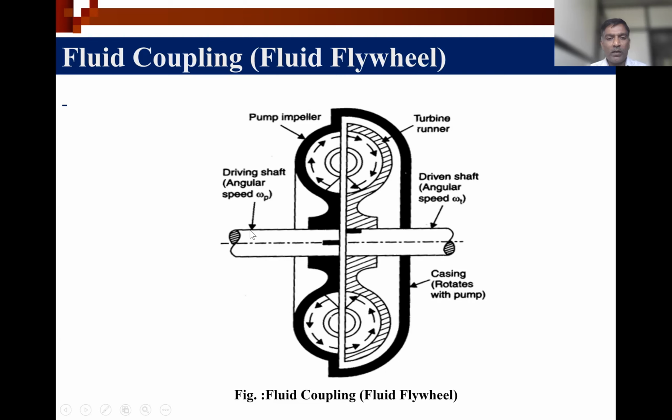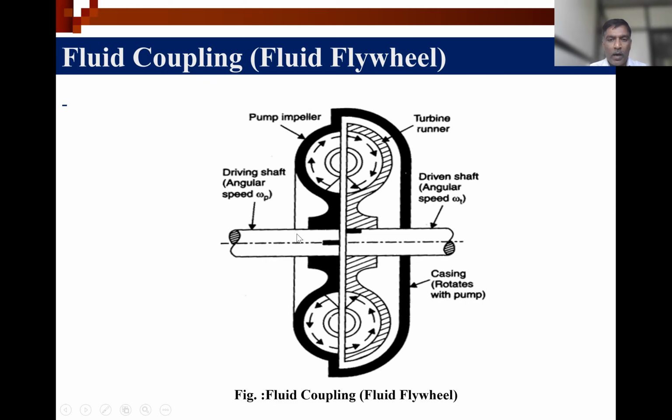This one is the driving shaft, rotating with angular speed omega p. This is the pump impeller, mounted on the driving shaft. This black portion is keyed, mounted on the driving shaft. This one is the pump impeller.